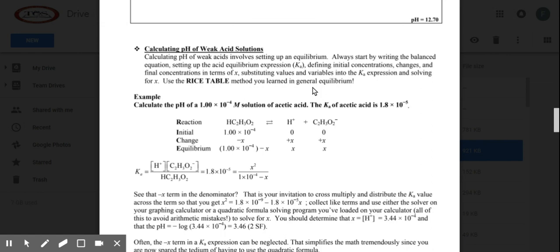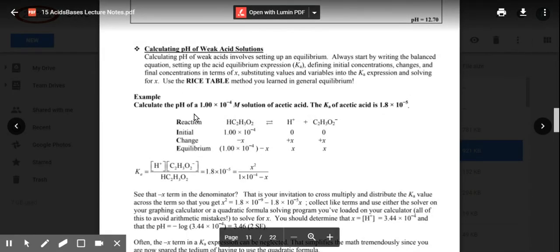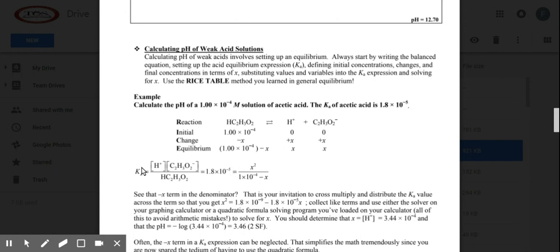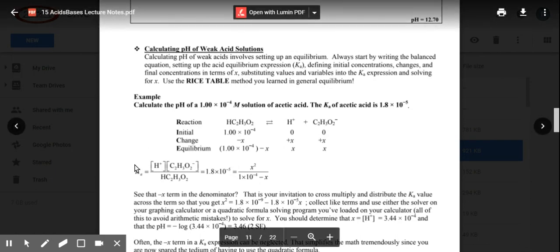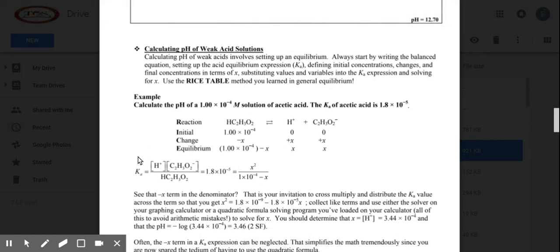And basically, how much it dissociates is based upon its Ka value. We also talked previously in a video that as your Ka increases, the strength of the acid increases. If the strength of the acid decreases, that means it's dissociating less, a lower percent dissociation than others.